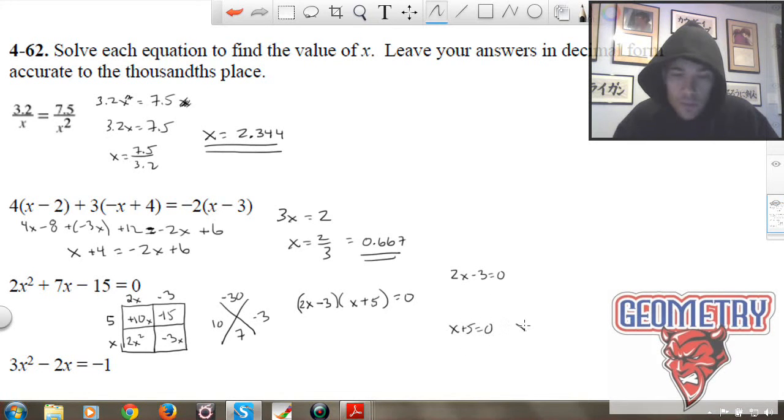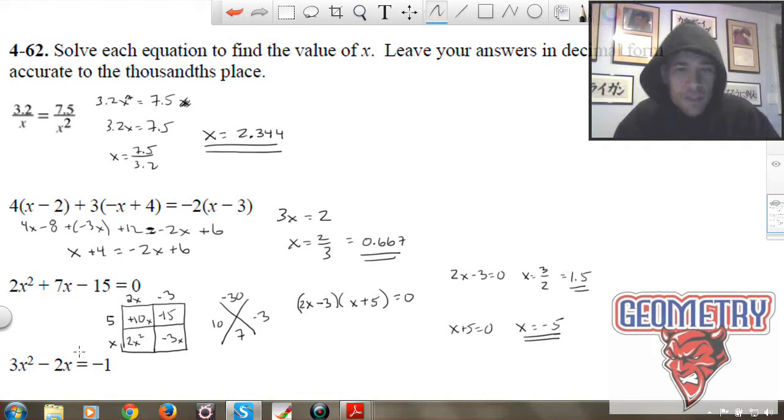So this one solving out is pretty straightforward. X equals negative 5. And then this one, x equals 3 halves, right? Add 3 to the other side, divide by 2, so x equals 3 halves, or 1 and 1 half. So 3 halves is 1.5 for that one, part C.